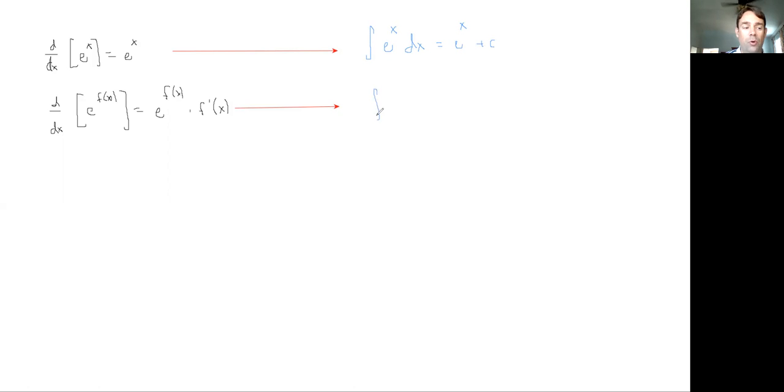If I integrate e to the f of x times f prime of x dx, that would be e to the f of x plus c.